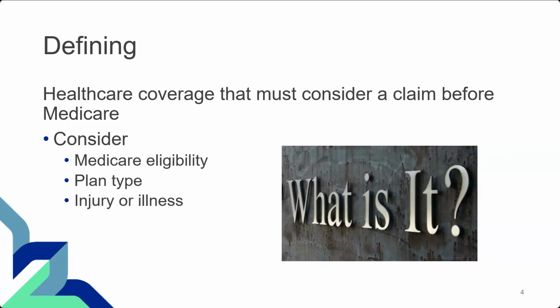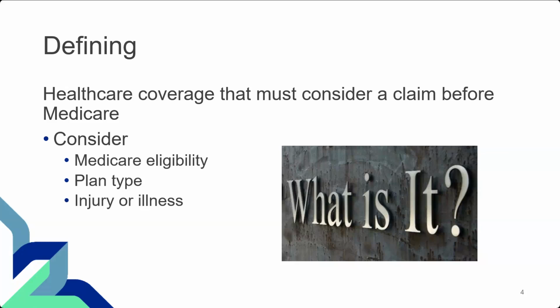Is it non-covered for them? Is this patient eligible for this type of service? All of those types of things. Does it apply to the deductible, or do they have a percentage of payment, such as a co-payment or co-insurance? That's what we mean by consider the services.